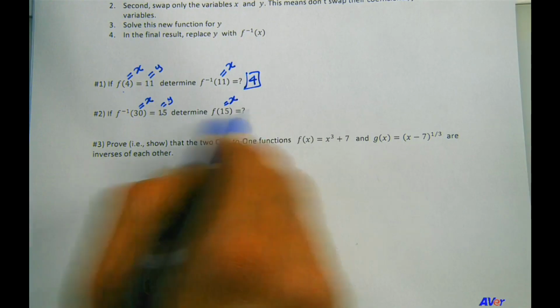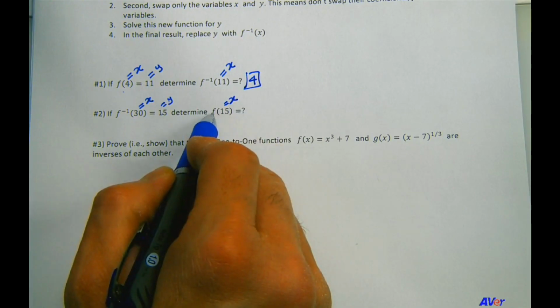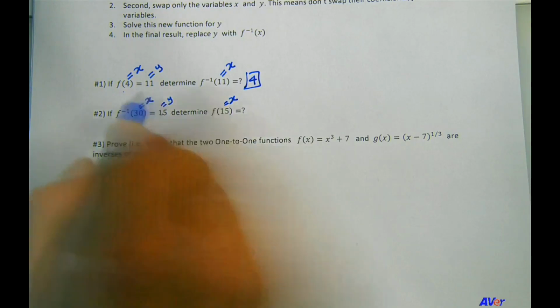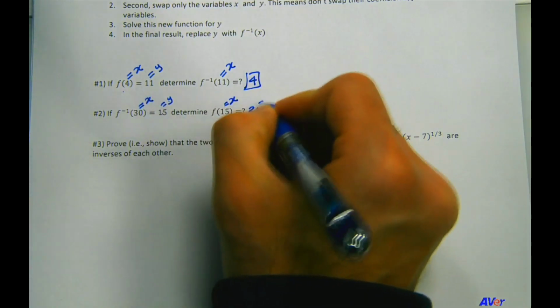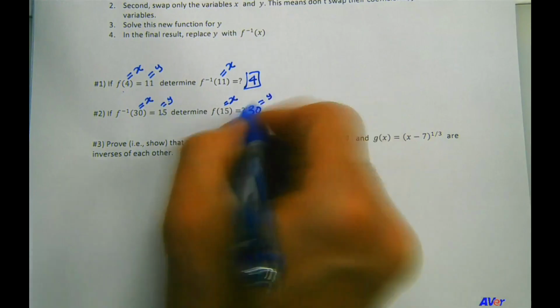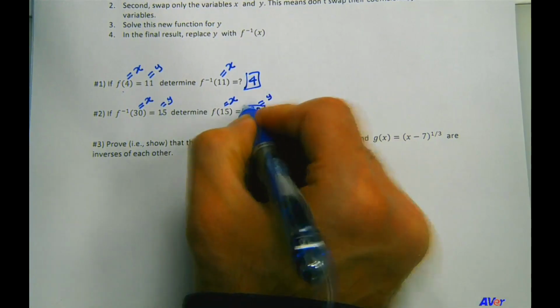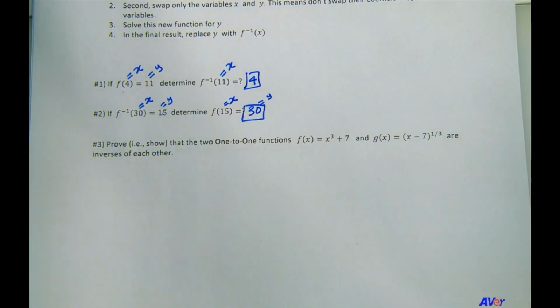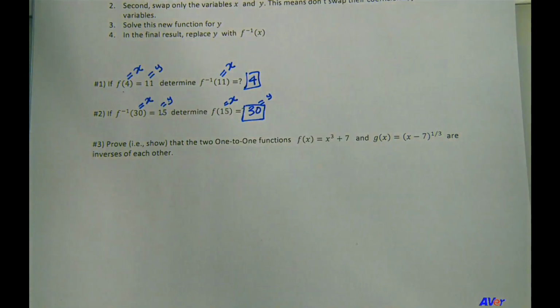What is the value of the function at x equals 15? It's equal to 30, which is now the y in the original function, which is equal to the x value in the inverse function. So the roles of the independent and dependent variables are swapped between an original function and its inverse function.